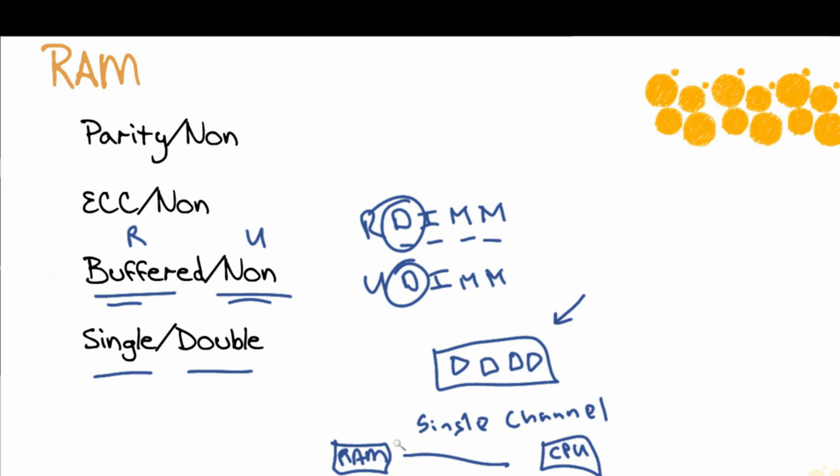We need that to be as fast as possible so we can get the best possible performance. So sure enough, there is a double channel technology available. There's even a triple channel technology out there to increase the communications capacity, the speed, if you want to call it that, between the RAM communicating with the CPU and the system.